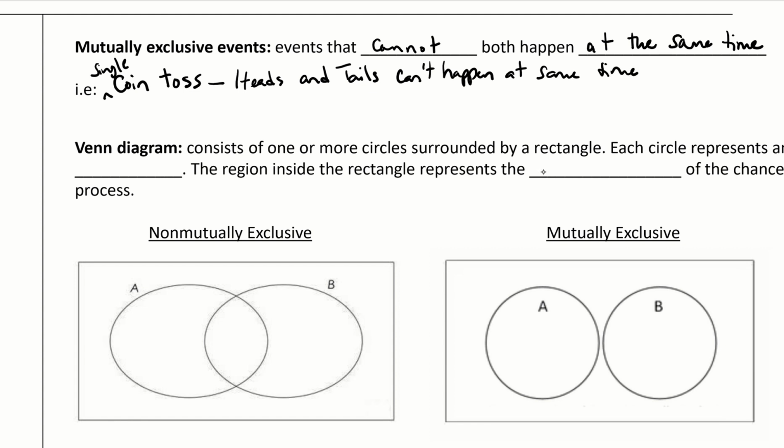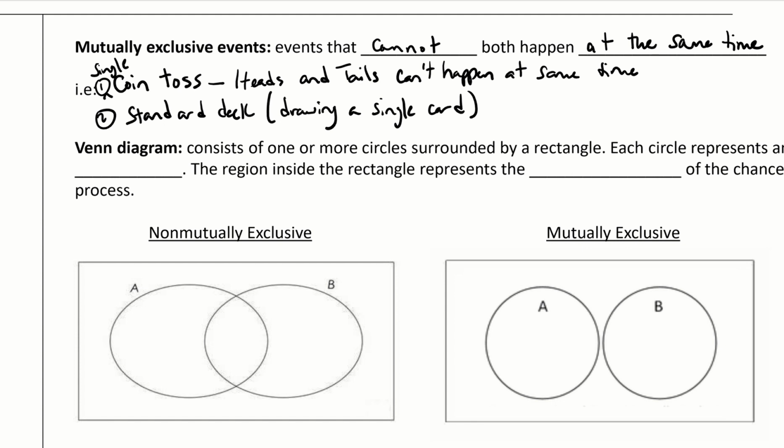Another example is in a standard deck, like a deck of playing cards, right? Drawing a single card. If you were to draw a single card, and you get kings and aces, right?